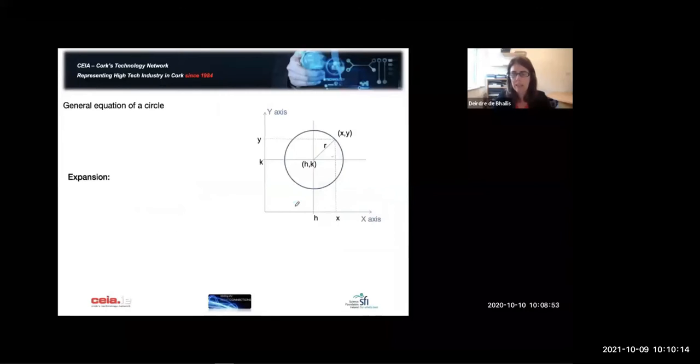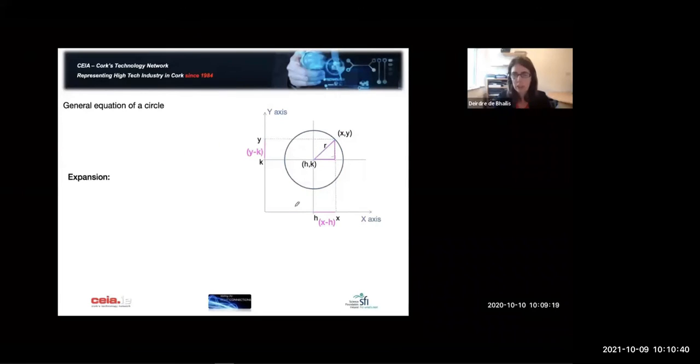Of course, not all circles have their center at the origin. So we need to place the circle at some center, h, k, we call it. And we again have our right-angled triangle here, but this time the lengths of those sides are x minus h and y minus k.